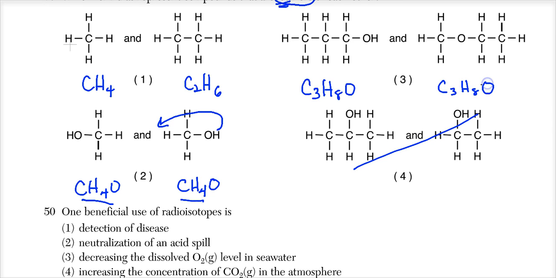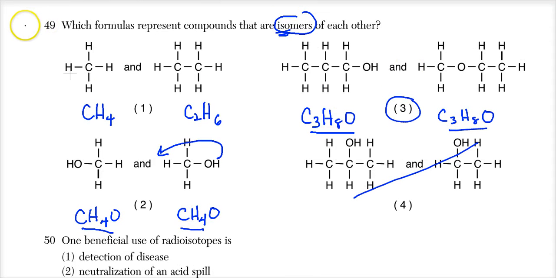You do not want to get this one wrong again if this is one of the ones that you're reviewing. So clearly these both have the same number of atoms and types of atoms, but a different structure, a different arrangement, and that's what an isomer is. Choice 3 is your answer for this question. Nice organic question. We like these.